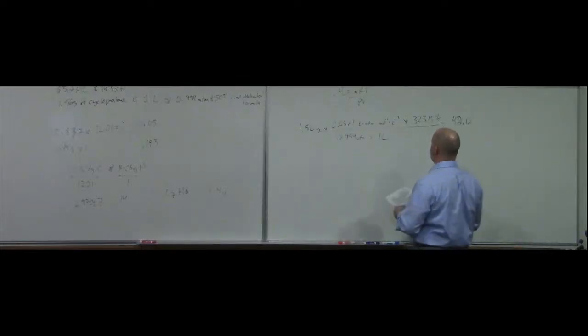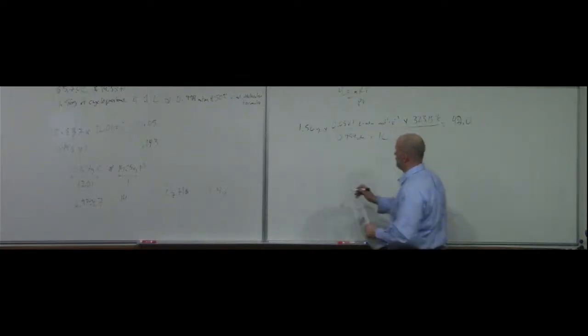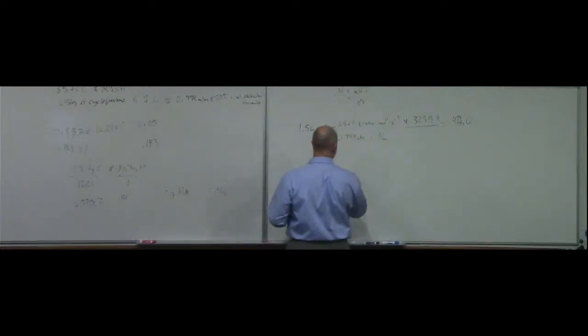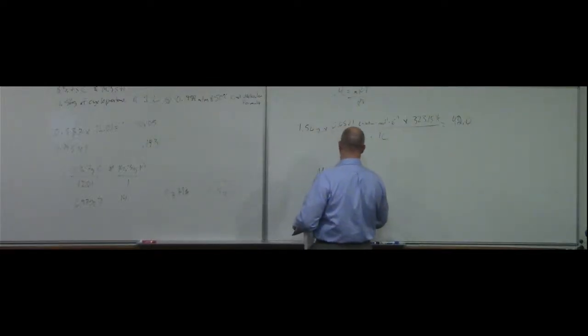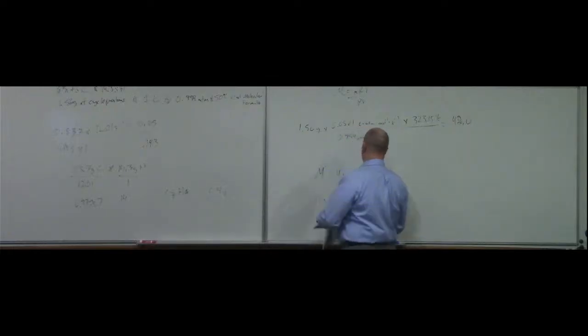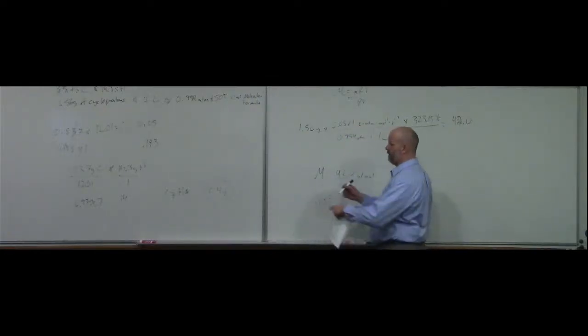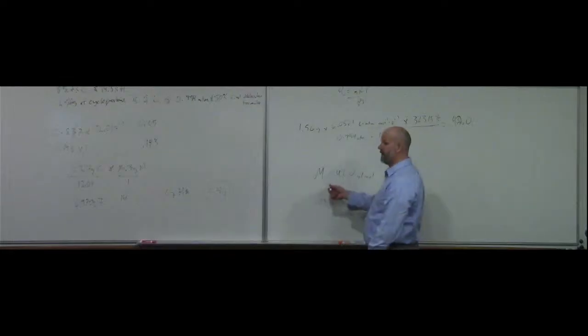That's my molecular mass. Molecular mass is 42.0. Empirical mass is 14, right? So 12 plus 2 is 14 grams per mole. So really my question is, how many of this multiple of CH2 does it take to get to that?